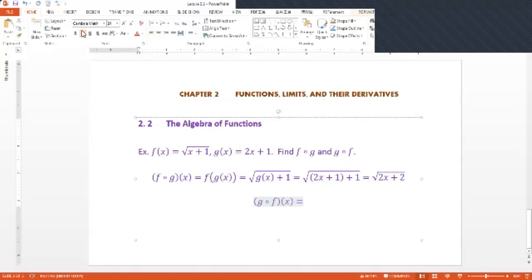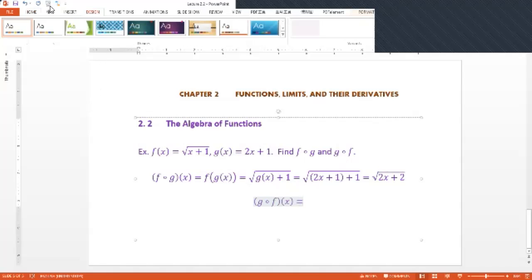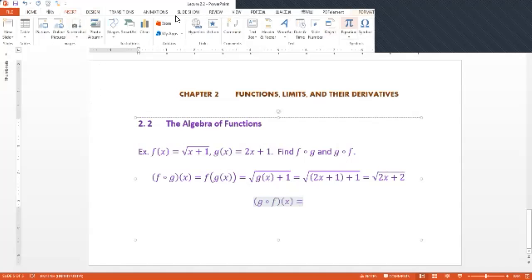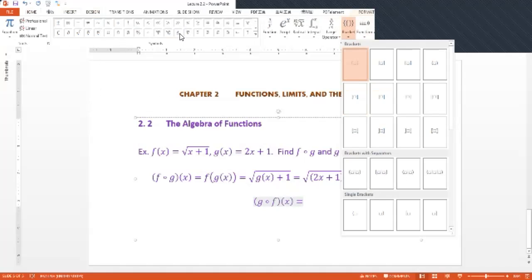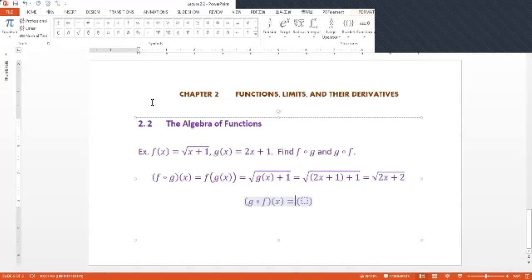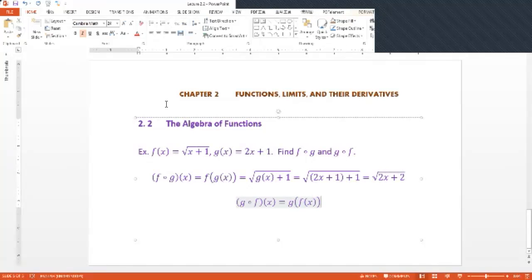So in the function notation, what we do, we just plug in f in g for x. So we still have function g, but now inside the parentheses, the variable will be f of x instead of x.